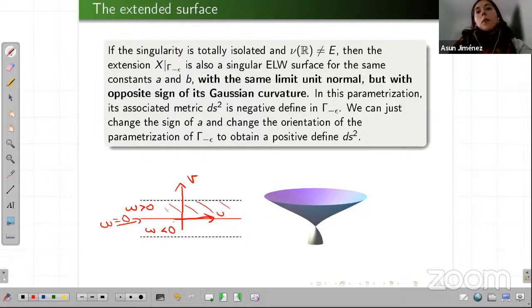That means that the metric induced downstairs is not Riemannian, it's negative definite, but you can change properly the orientation downstairs and adapt the sign of A in order to have also a Riemannian metric associated to this downstairs surface. But this is an important fact: you have a negative curvature, you pass to positive curvature.